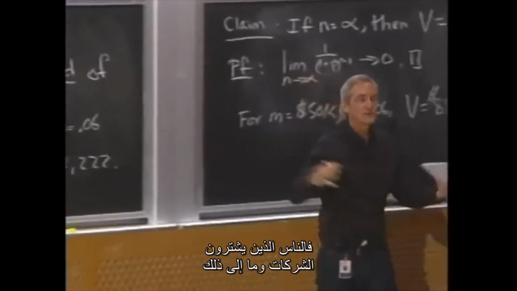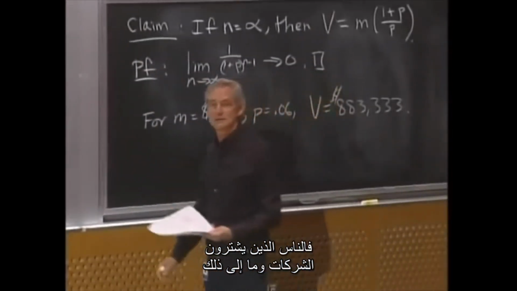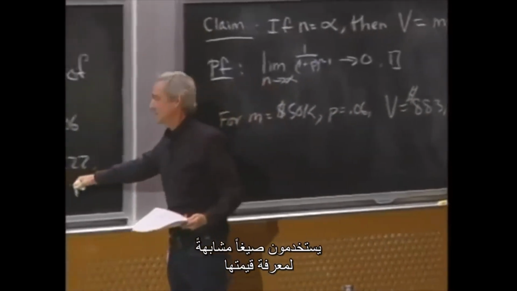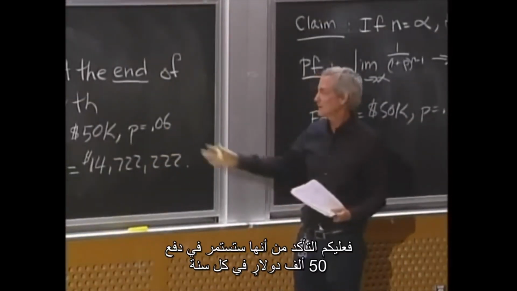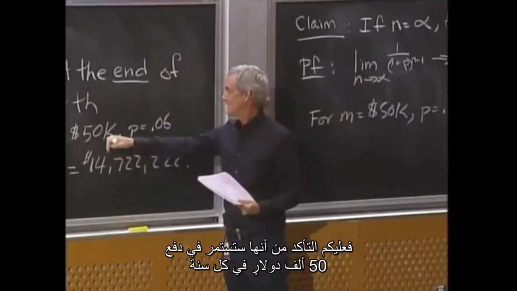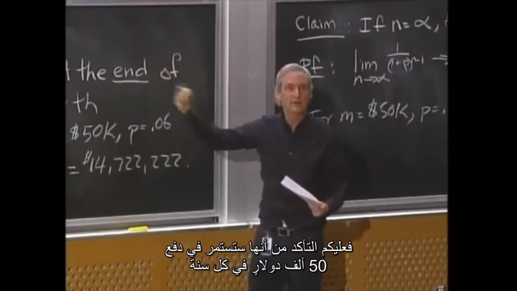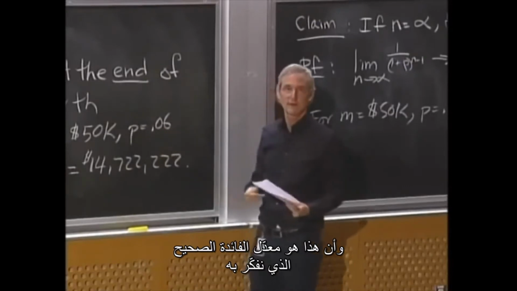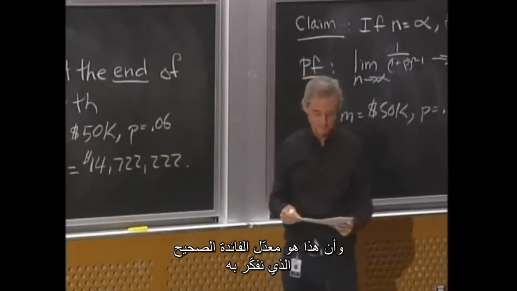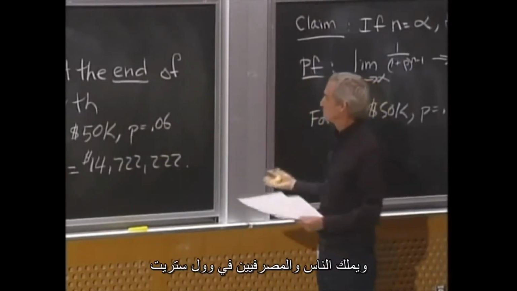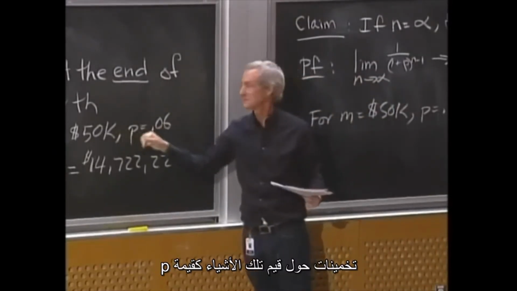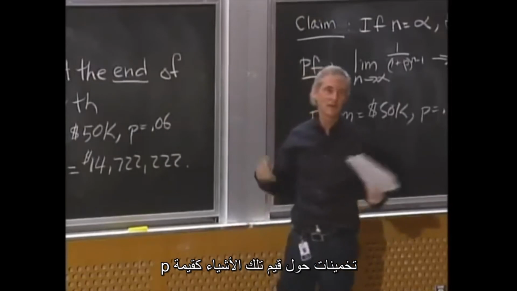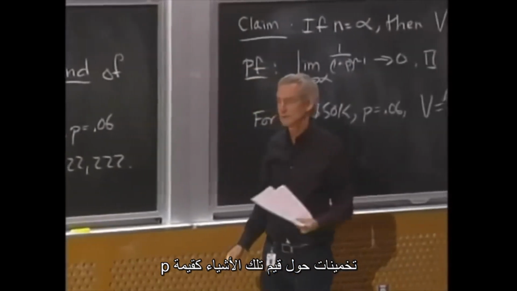People that buy companies use formulas like this to figure out what it's worth. Of course, you have to make sure it's really going to keep paying the $50,000 more every year, and that this is the right interest rate to be thinking about. The bankers on Wall Street all have their estimations for the value of p they would put into these formulas.